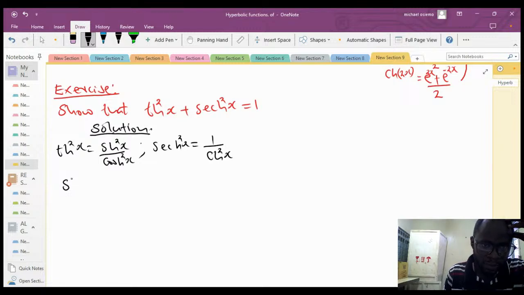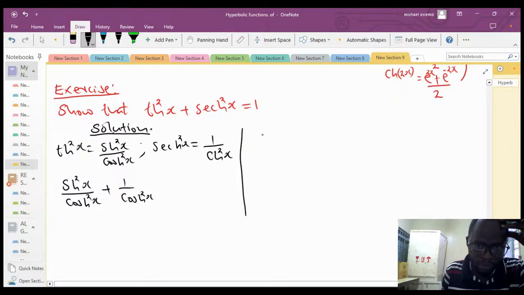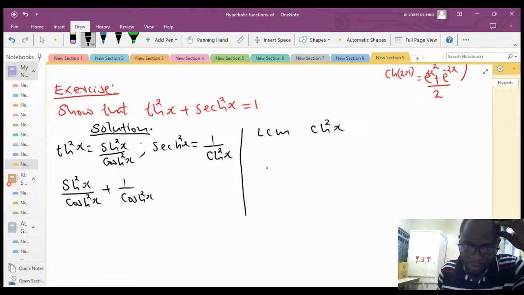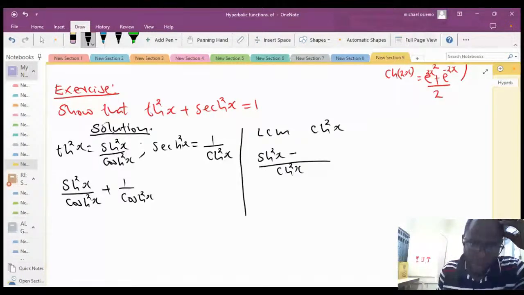So if you substitute, you're going to have sine hyperbolic squared of x over cos hyperbolic squared of x plus 1 over cos hyperbolic squared of x. So the LCM remains the same. So from the LCM, which will be ch squared of x, we're going to have sine hyperbolic squared of x plus 1.